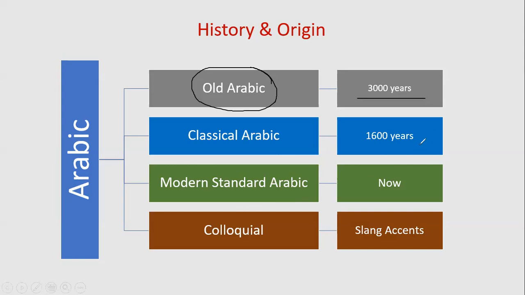Then we have classical Arabic from 1,600 years ago or more. And now we have the modern standard Arabic, or what we call right now, Fusha. This is also Fusha, but this is more classical. I will tell you now the difference between these two.